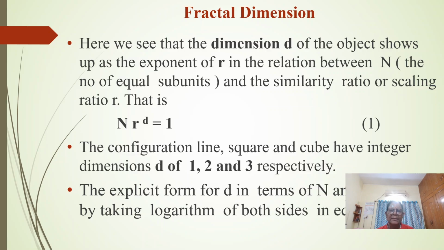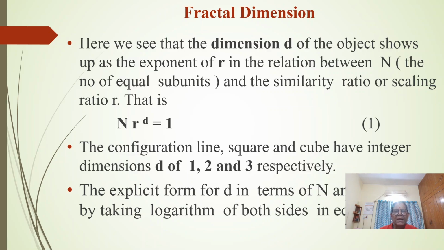In the last video, we have seen that the dimension d of the object shows up as an exponent of r in the relation between n and the similarity ratio or scaling ratio. n is the number of equal subunits and the similarity ratio or scaling ratio is r, and we get n r to the power d is equal to 1.